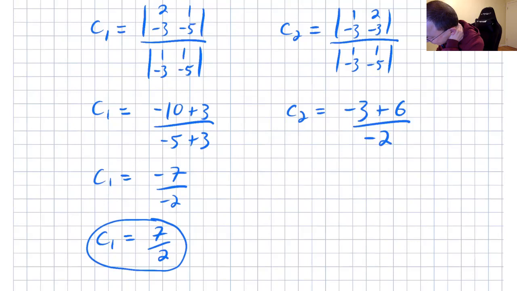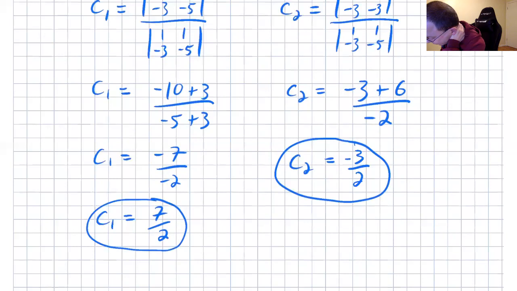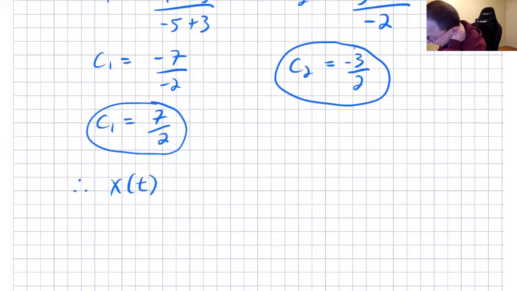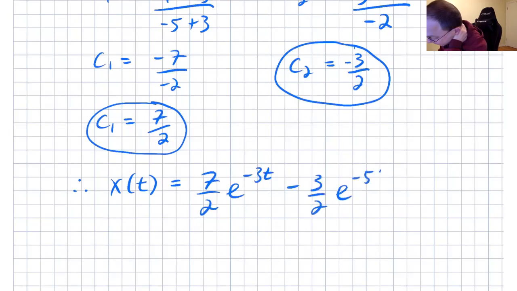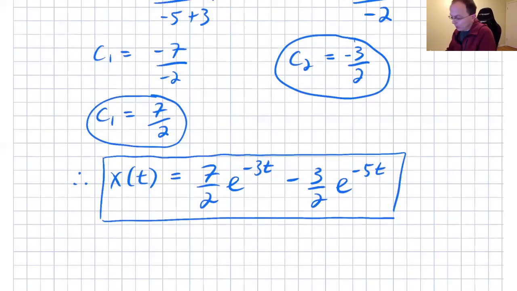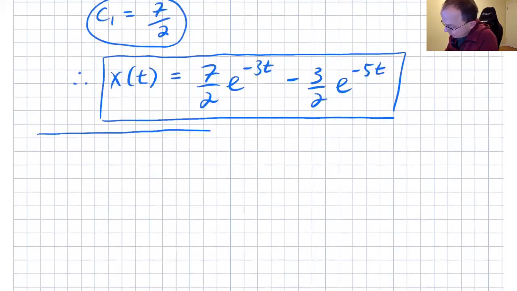So I get C2 is equal to 3 over minus 2, or minus 3 over 2. So the solution is going to be 7 over 2 e to the minus 3t minus 3 over 2 e to the minus 5t. So there's our solution. Now let's do the same thing, but with Laplace transforms.